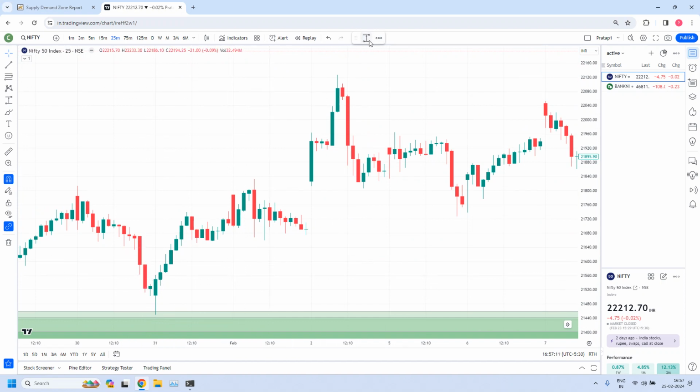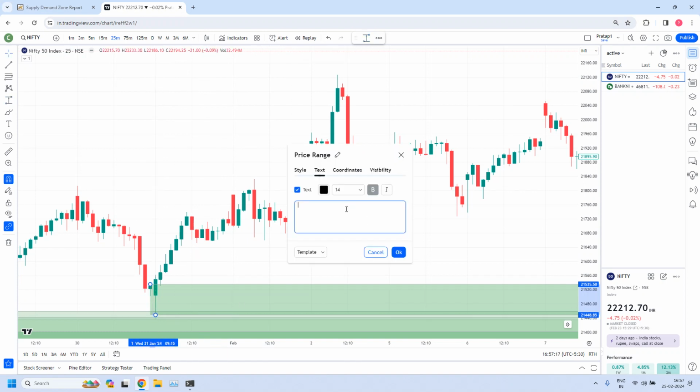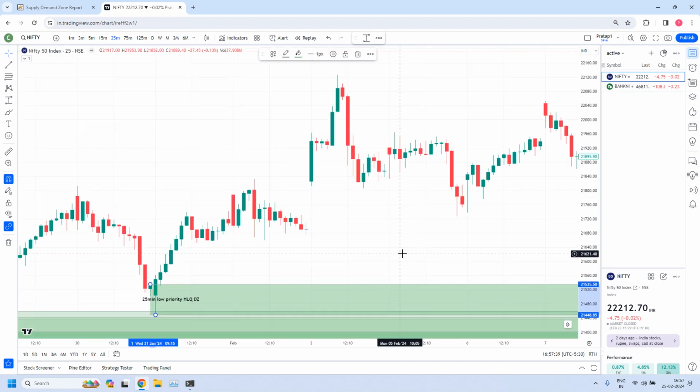This is the one. This is the next 25 minutes zone. This is a 25 minutes low priority, high liquidity demand zone.